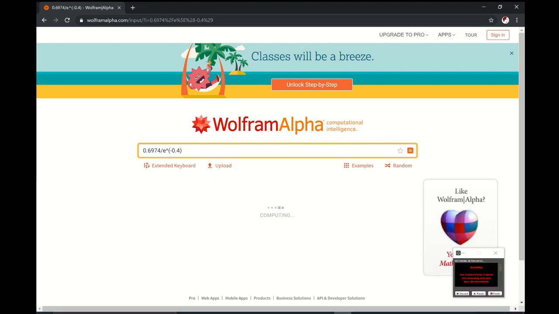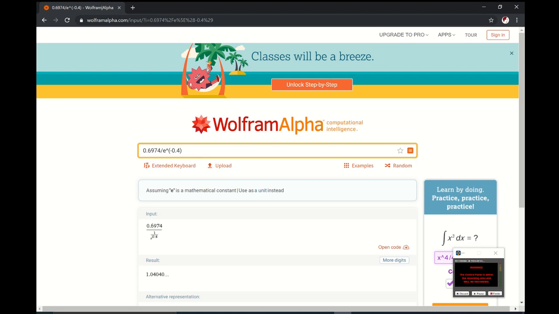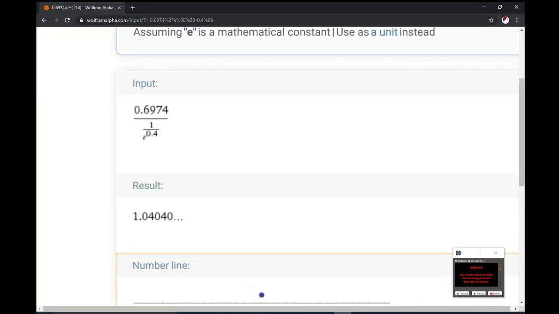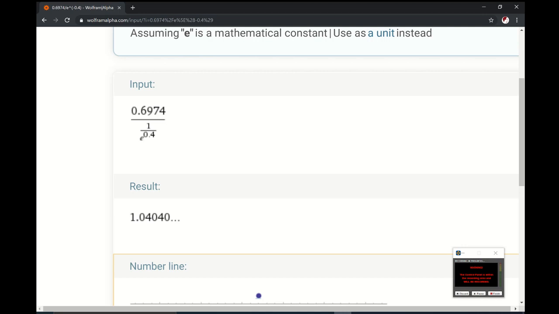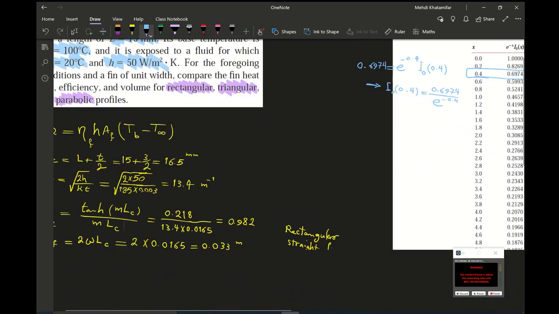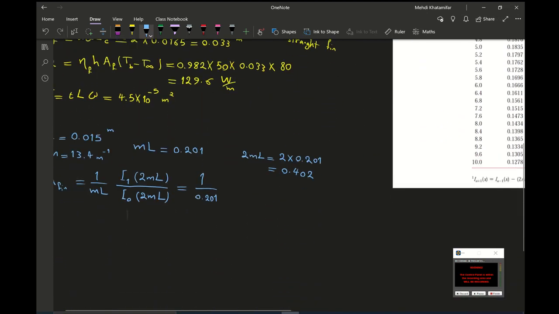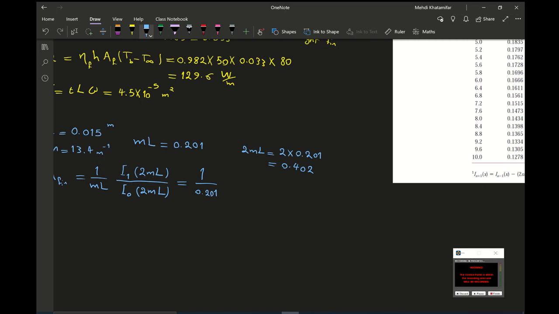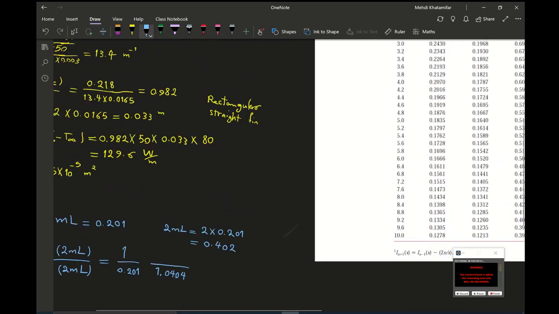Let's see what the value is. So this one is 1.0404.